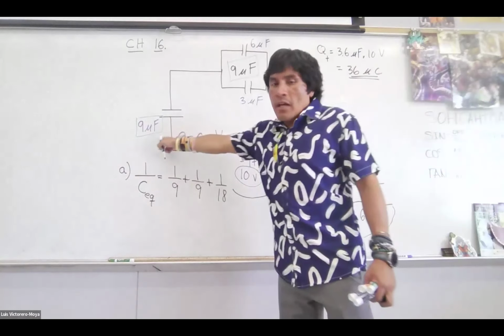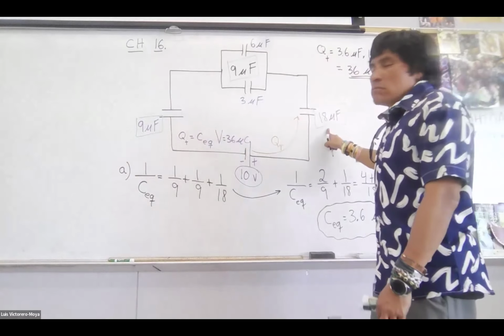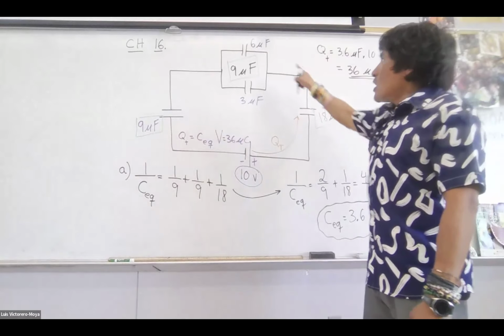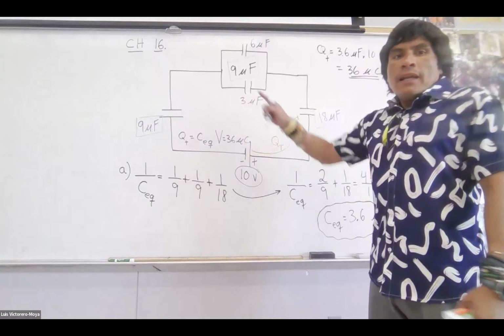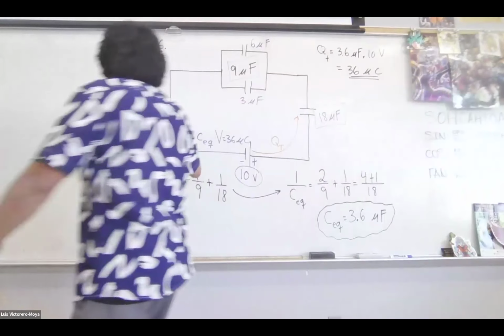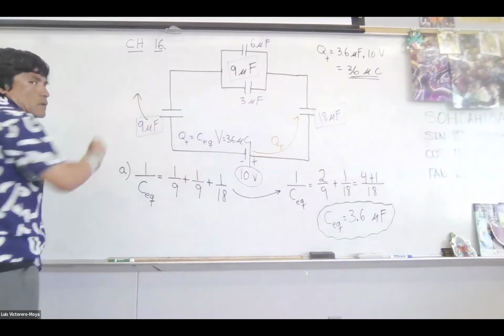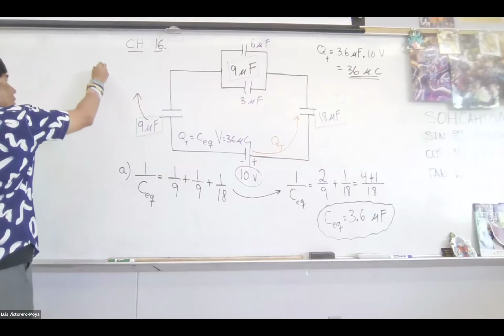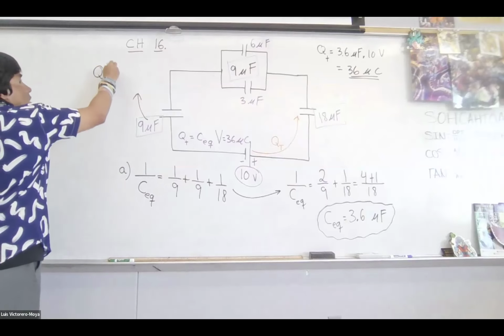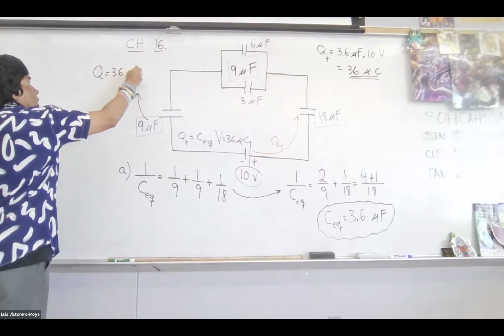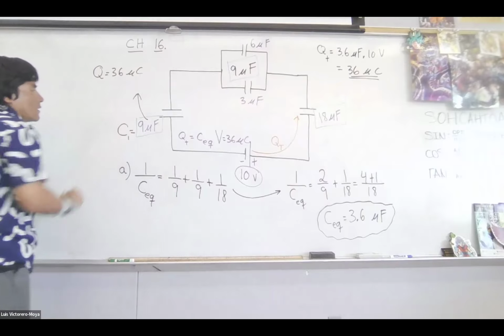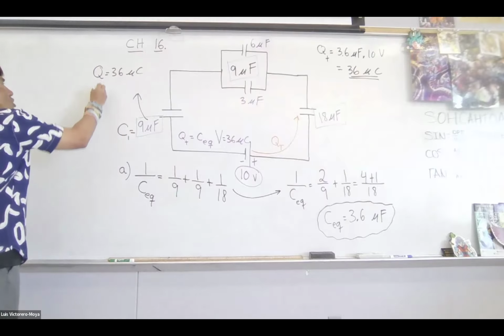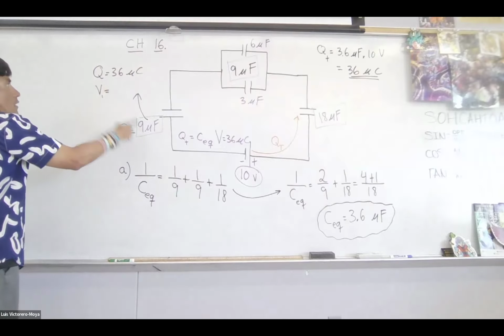So that's the charge here, and the charge here, and the charge here. Not for these two, those are in parallel. So let's work with 9. The charge of 9 is 36 microcoulombs. This is the capacitance, let's call it C1. What about the voltage in this?